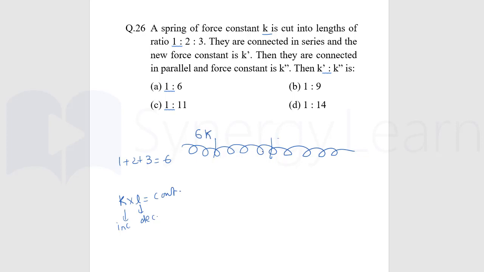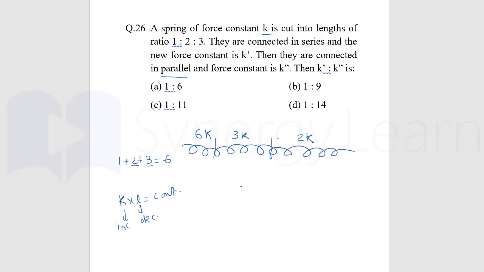The second part, which has ratio 2, is double in length, therefore it will have a spring constant half of the first part, so it will have 3K. The third section is thrice in length of the smallest section, so it will have a spring constant of 2K. Now they are connected in parallel.